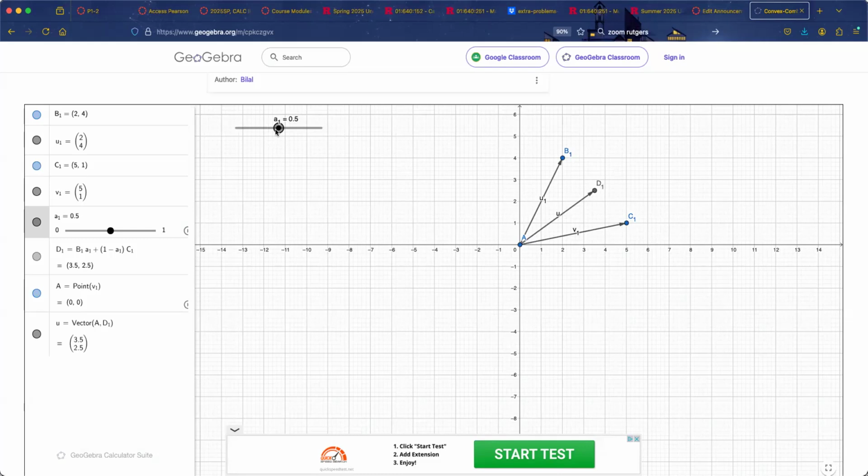Before, what I was saying is, imagine this was x1, this is x2, right?